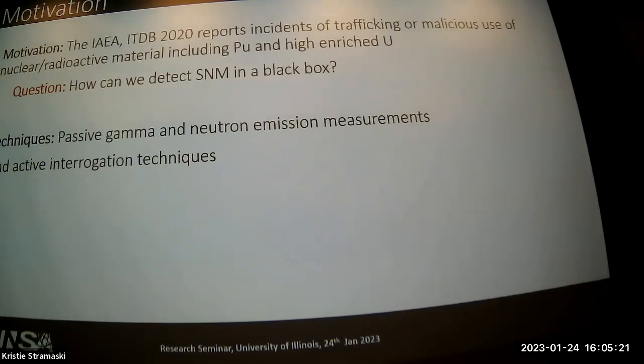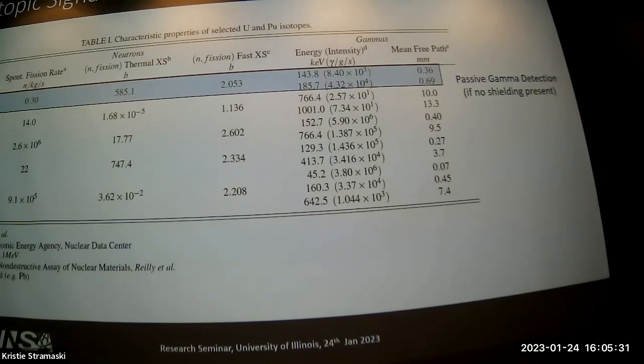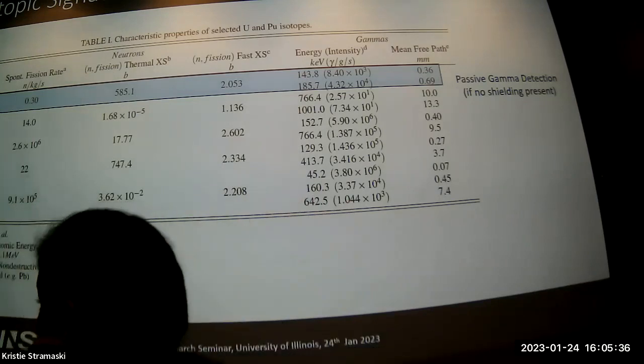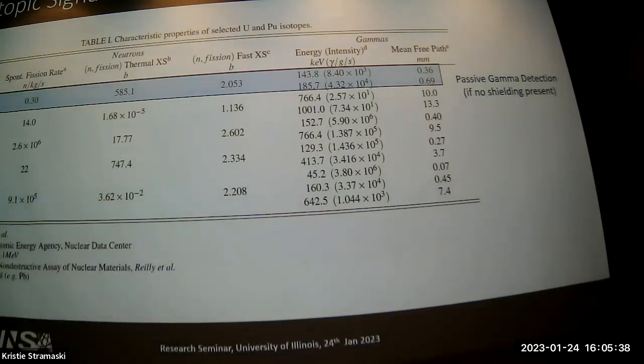But let's first talk a little about the conventional methods, which are passive measurements, passive gamma and neutron measurements. I'll be focusing mainly on uranium and plutonium isotopes here. If you look at uranium-235, you see that it doesn't emit that many neutrons. So the general choice of technique that people use for identifying the presence of uranium-235 is gamma measurements.